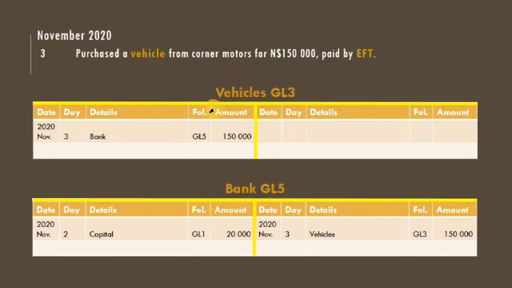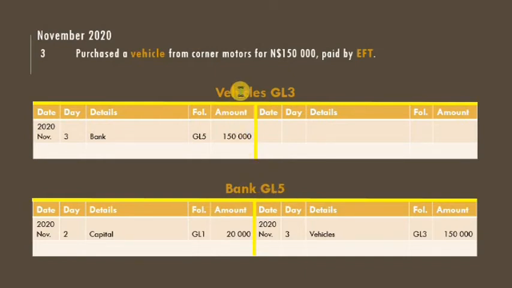Now vehicles will be debited and bank will be credited, but you will see here with bank that the previous transaction is also here. So we don't prepare a new bank account for every transaction. We record all of them in the same bank T account. All the bank transactions will go into one bank account. We don't prepare a new one for each transaction.